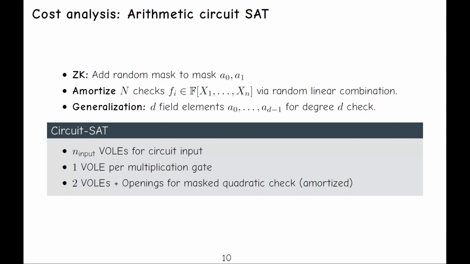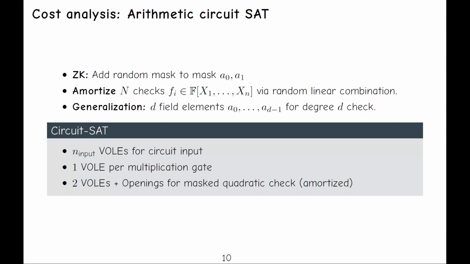And if one of the equations were false, then with high probability, the linear combination would be false. So we reduce the check of the whole set to just a single check. Now we can also do this for larger equations than just quadratic, if that's useful, by extending this check. But let's stay with quadratic equations here.